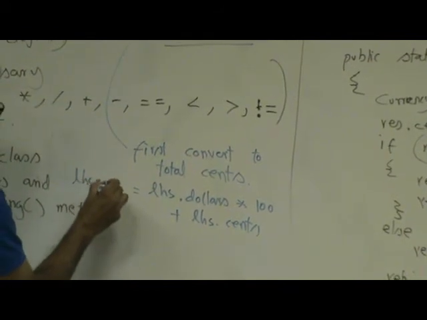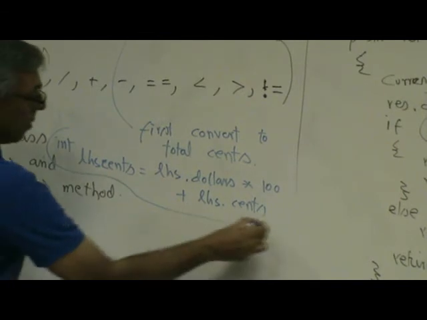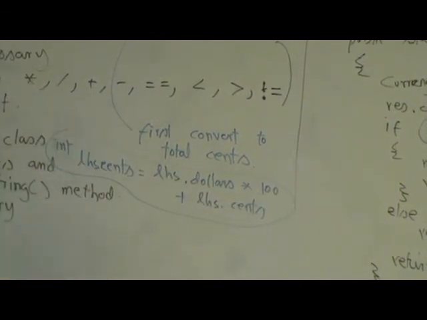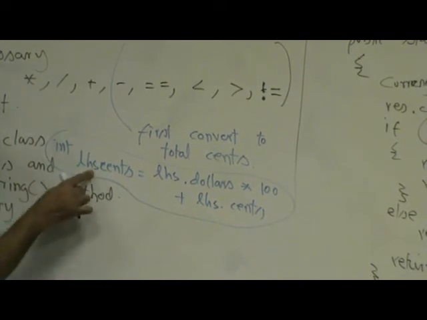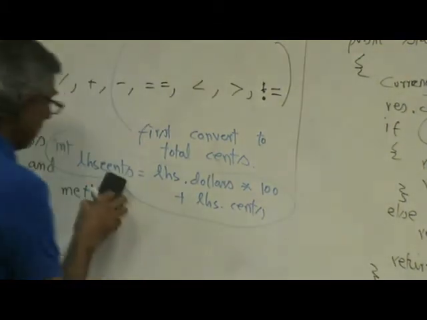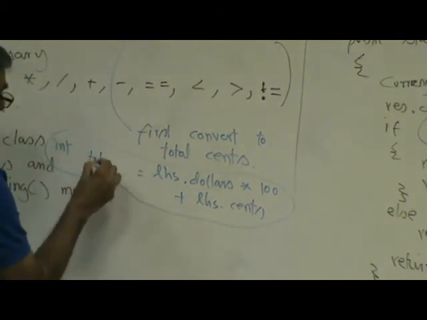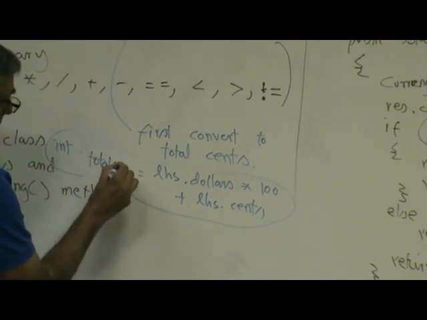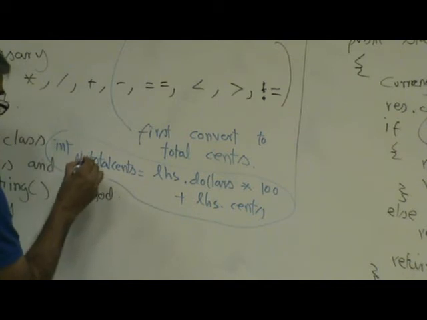So this will be, let's call it LHS cents. So this is the total cents. So pretend this is a new variable. This is not LHS.cents, so that it's not confusing, let me call it total cents, or LHS total cents.